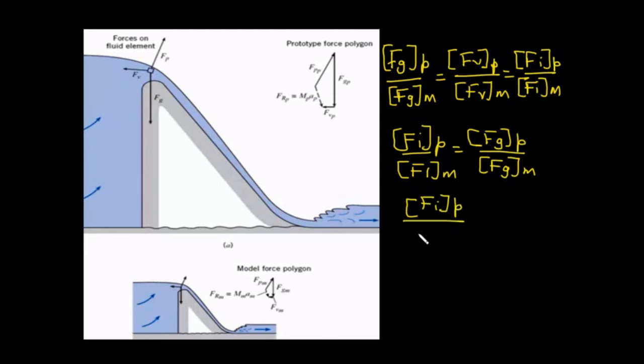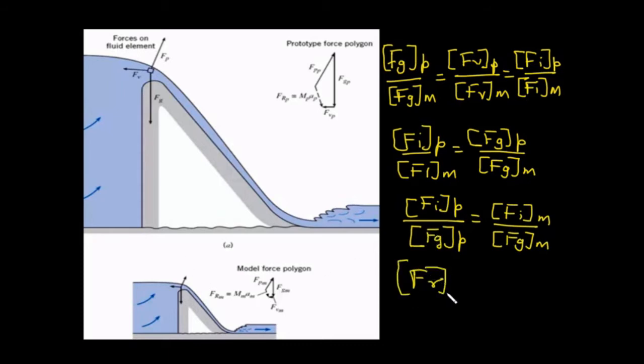So we can write very easily, by just rearranging, Fi in prototype divided by Fg in prototype is equal to Fi in model divided by Fg in model. But the ratio of Fi and Fg is nothing but the Froude's number.